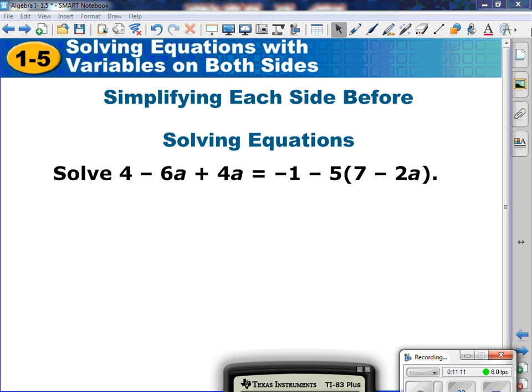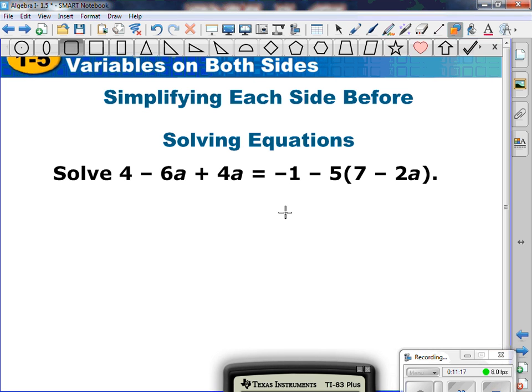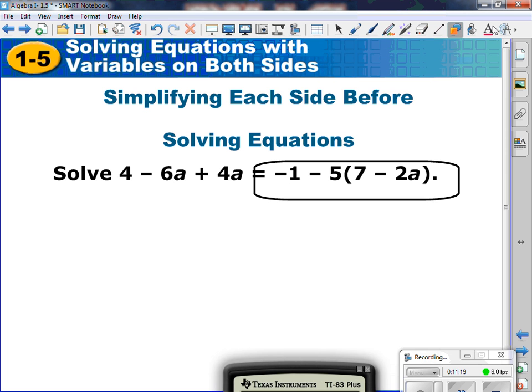For this problem, I'm going to treat it like there's two problems going on here. I have two expressions. I'm just looking at this piece. 4 minus 6a plus 4a. Anything I can do there? Yes?